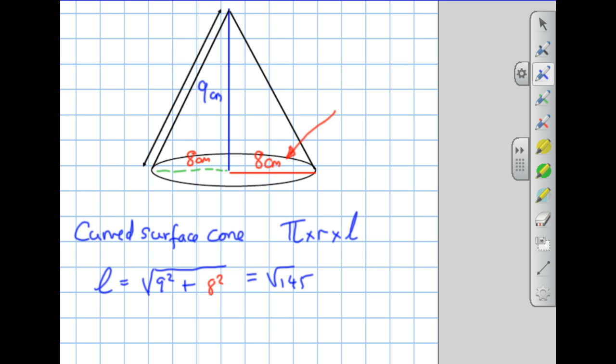So the outer curved surface, to find the area of that, all I do is bung in, that's very technical language I'm using here, I bung in the values. So it's going to be pi times the radius of 8 times root 145.